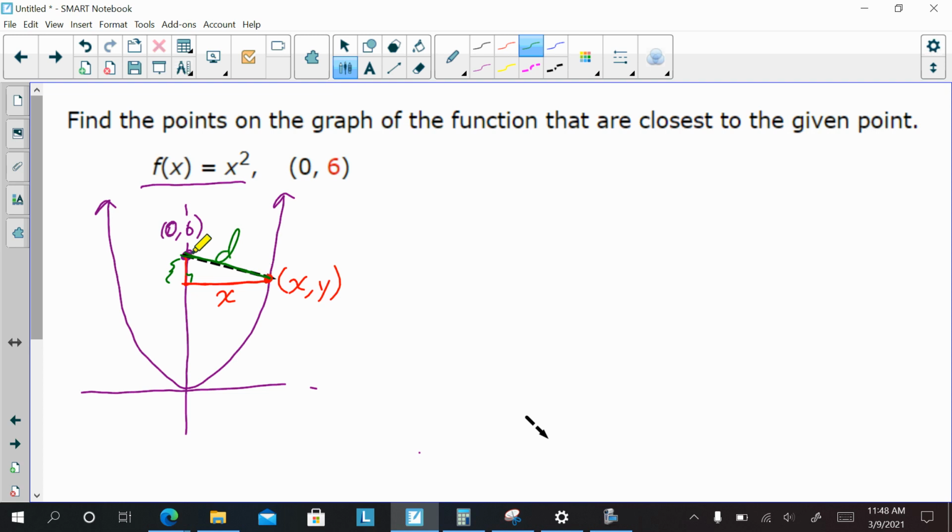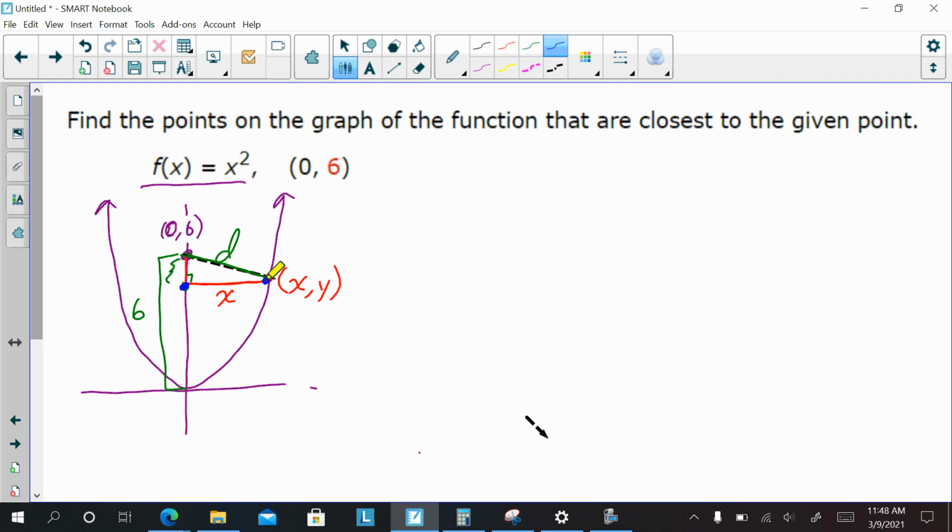The question is, how do we get this distance here? If this distance is x, how do we get this distance? Well, from here all the way to here is 6. This distance here is 6. From here to here, this distance, let's do that in blue.